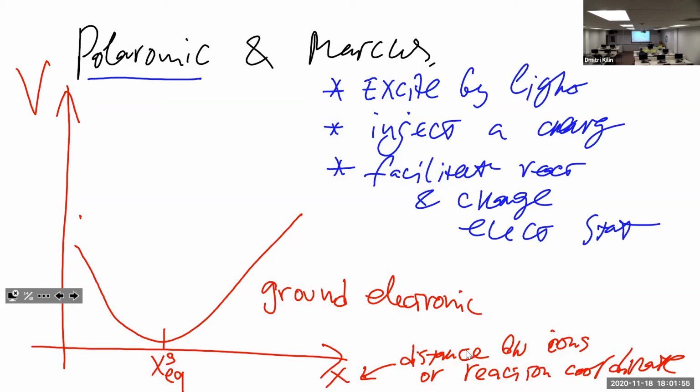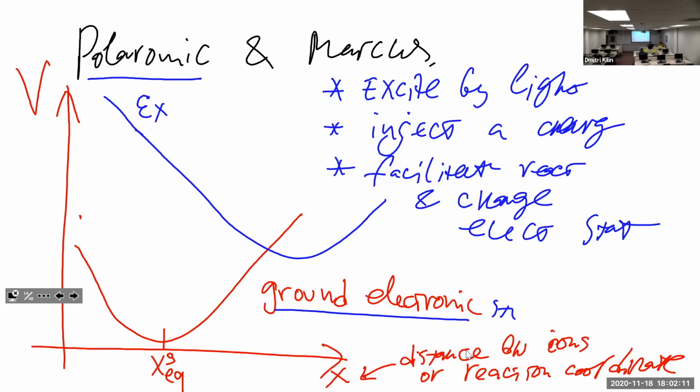So in all of these conditions, there is a chance that the system will go from the ground electronic state to a different one, typically excited, but it can be just some different one. I'll call it excited, but one can add specifics based on the excited electronic state.